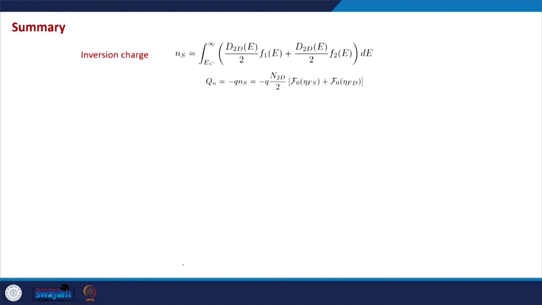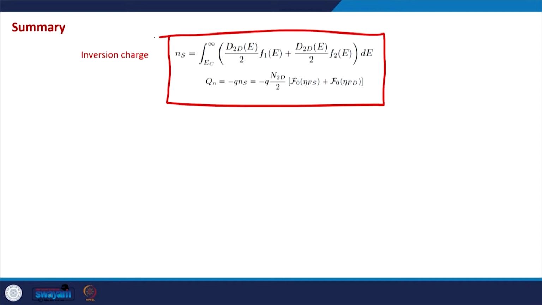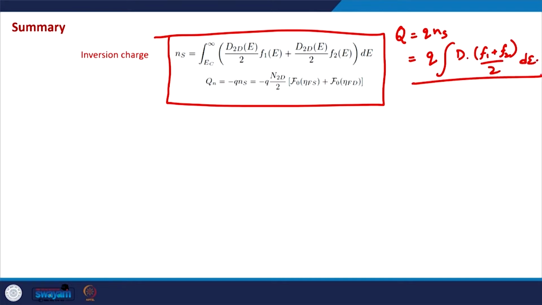What we have seen is that in steady state in a ballistic MOSFET, the charge in the channel, which is the inversion charge, is given by this expression, and this comes from the Landauer transport model. This is actually another form of this expression, which is Q times the integral of D (F1 plus F2)/2 dE, where this negative sign is there because the charge involved is electrons, and D is the density of states, represented by D2D here.